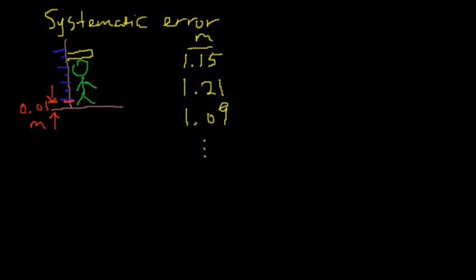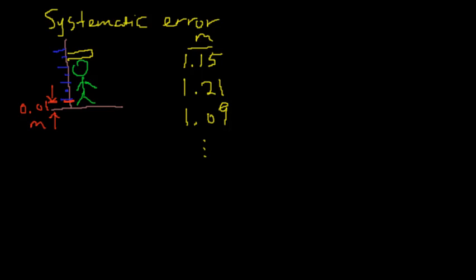These numbers are bigger than the actual height of the boy or girl by 1 centimeter, 0.01 meter. So what this means is that they all have the same error. Now, this type of error is called systematic error. It's an error which is the same for all of the numbers that are measured. So that's what we mean by systematic error. It's a fixed amount of error.